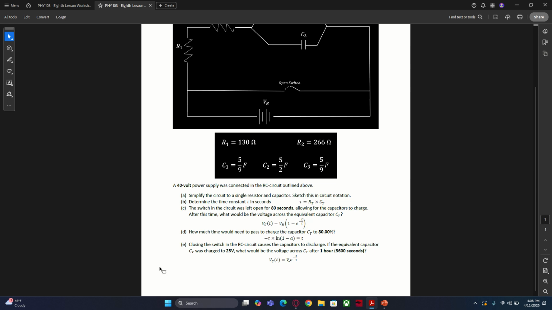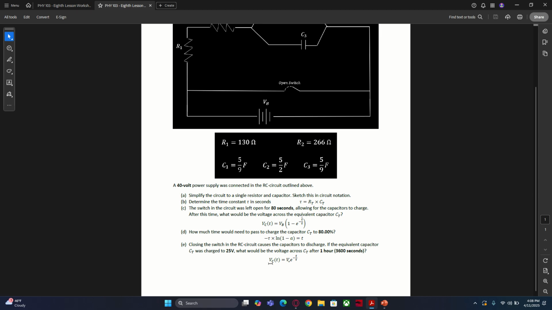And then lastly, question E. Closing the switch in the RC circuit causes the capacitors to discharge. If the equivalent capacitor was charged to 25 volts, so not 40, but it only got charged to the point where the voltage difference was 25, what would be the voltage across CT after 1 hour, or 3,600 seconds?